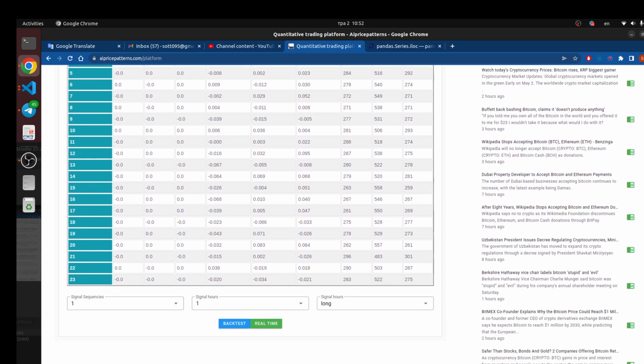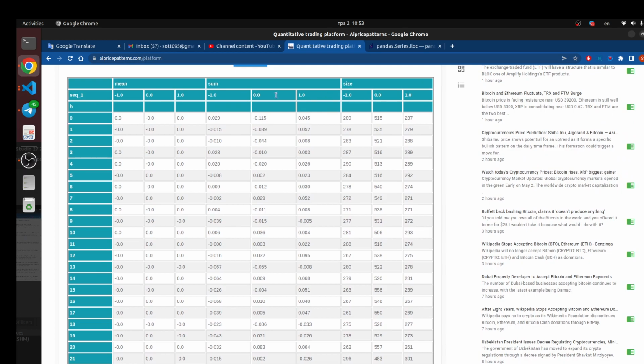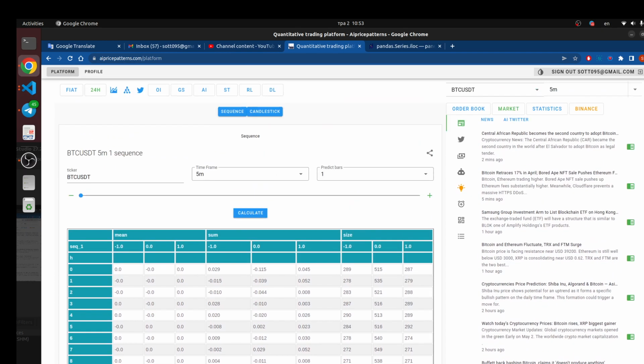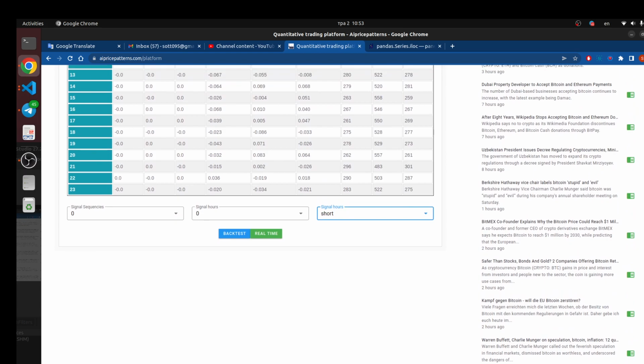Let's look at this one. Signal sequences would be 0, and also hours would be 0, and we should short our signal, because this dependency generated about 11% for the last 30 or 19 days. I don't remember.